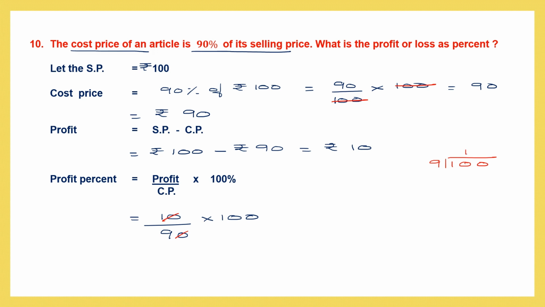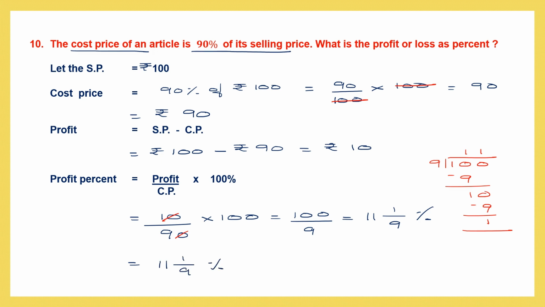So 9 ones are 9, minus, again we get 10, 9 ones are 9, minus, we have 10 minus 1 is 9. So this is 100 divided by 9, which is equal to 11 1 by 9. So this is percent, gain percent. So we have found the gain percent, and that is 11 1 by 9%, which is our final answer. Gain percent is 11 1 by 9.